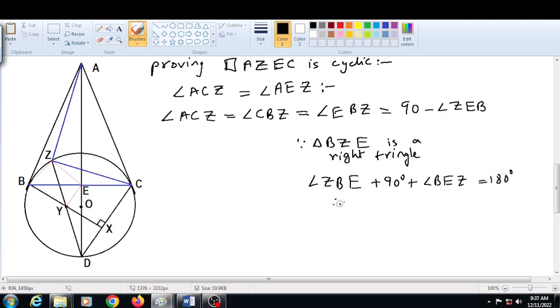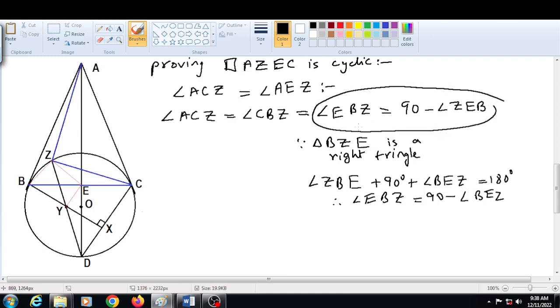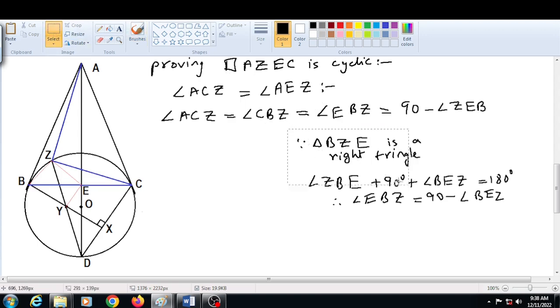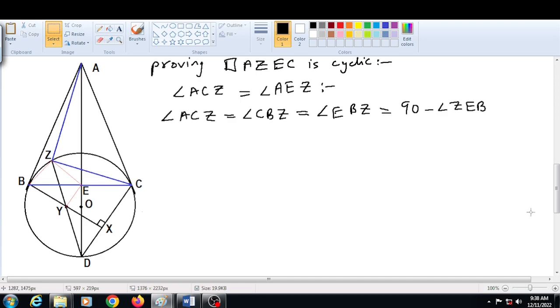So what we have here is angle EBZ as 90 degrees minus angle BEZ, and that is exactly what I have written over here. That is the justification of the last part of the equation: angle EBZ is equal to 90 minus angle ZEB.